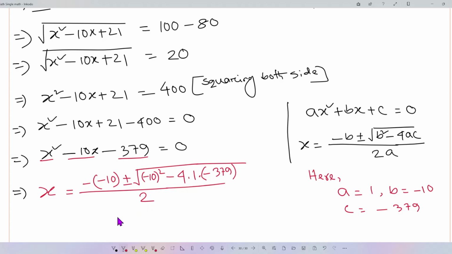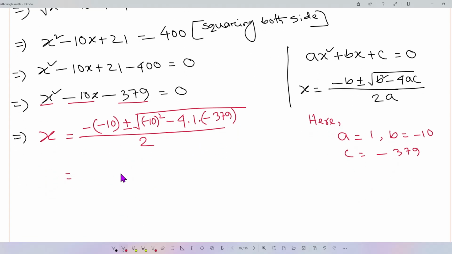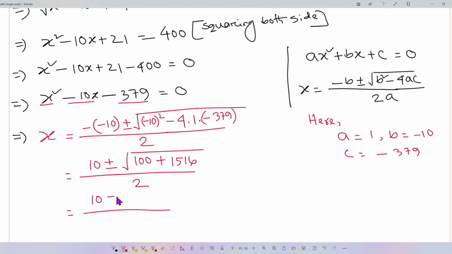Now look, minus and minus make plus, so here is 10 plus minus root over minus 10 square is 100, and minus times minus 379 times 4 is 1516, divided by 2. Then 10 plus minus root over 1616.